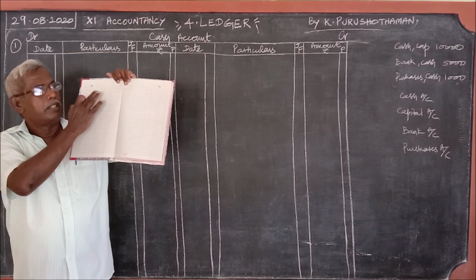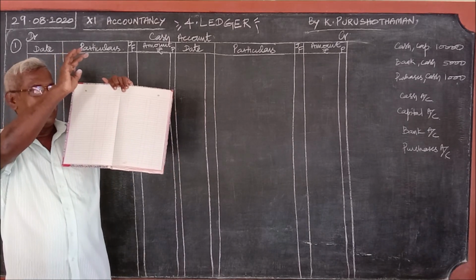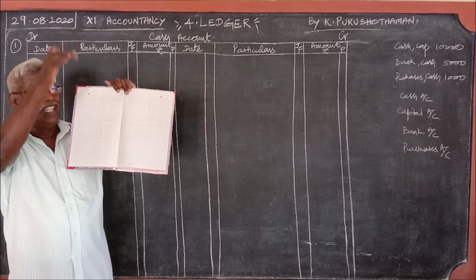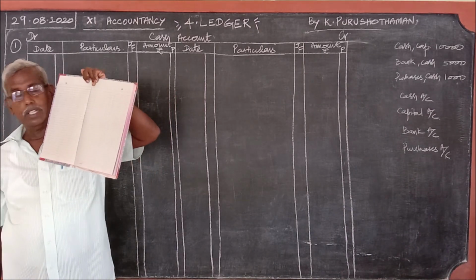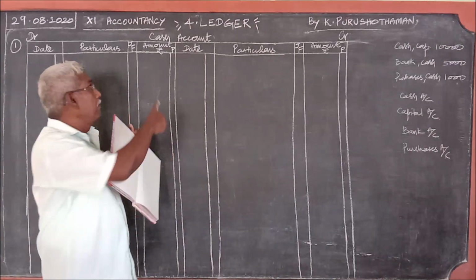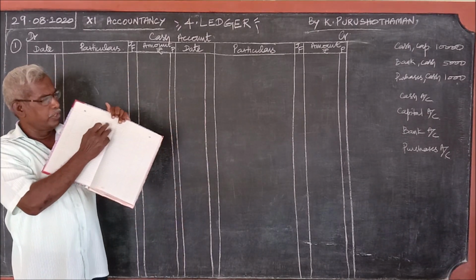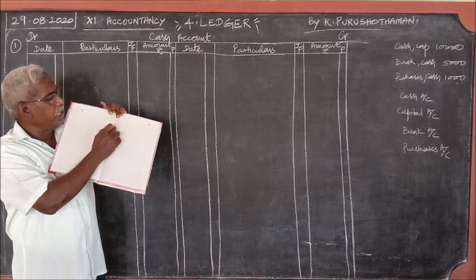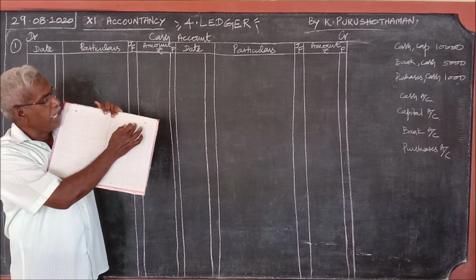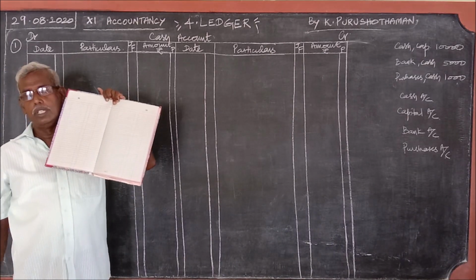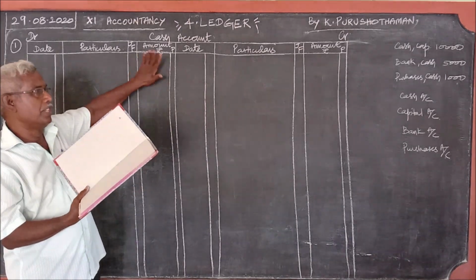Here date, particulars, JF. In the journal you write ledger folio, LF. In the ledger you will write journal folio, JF. After JF, you can use one column for amount. Then you pass on to the other side: date, particulars, JF, amount.